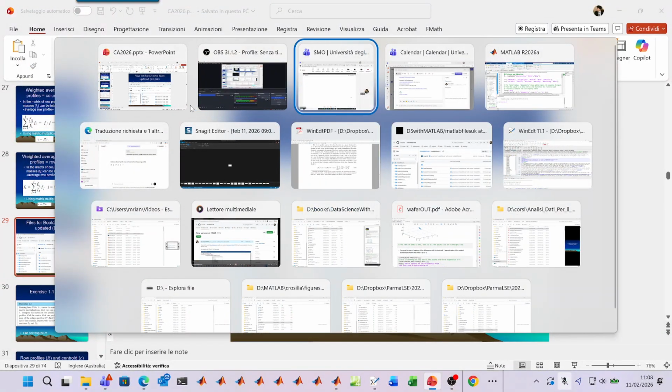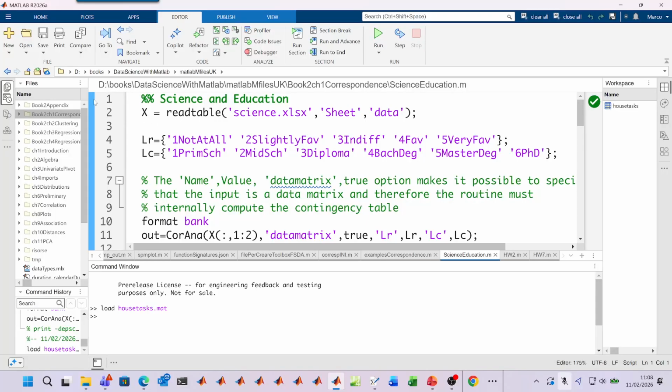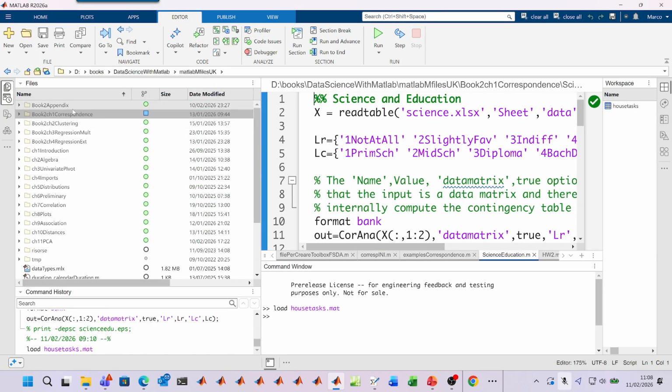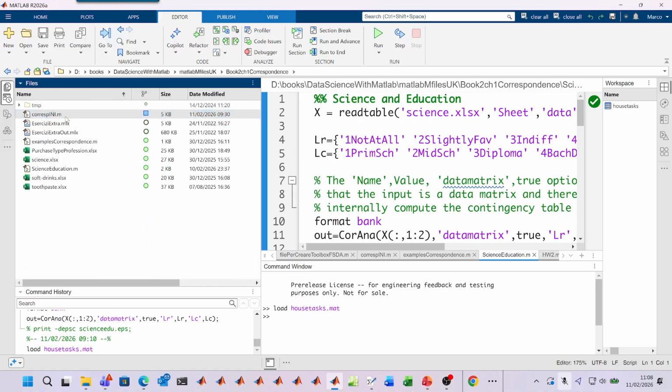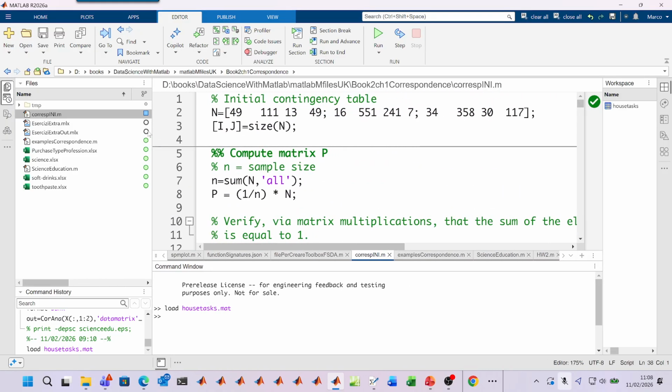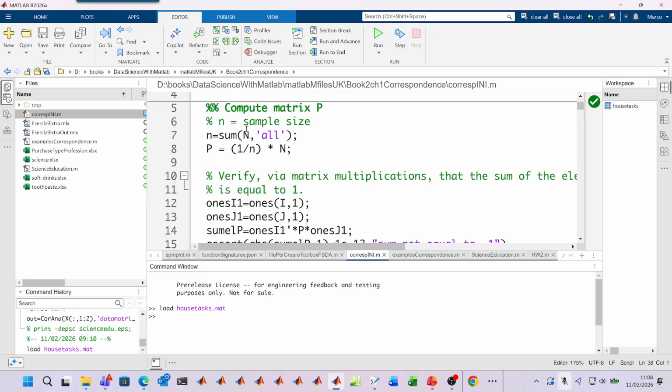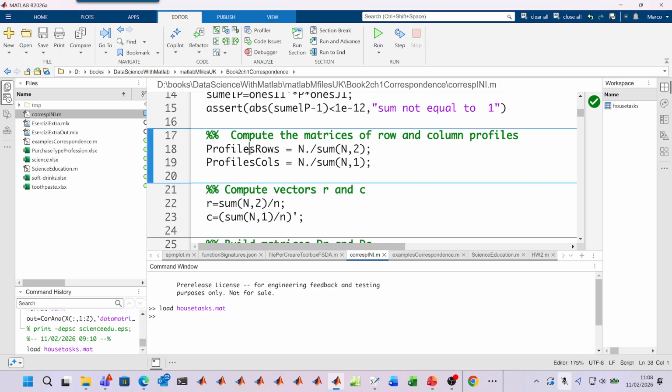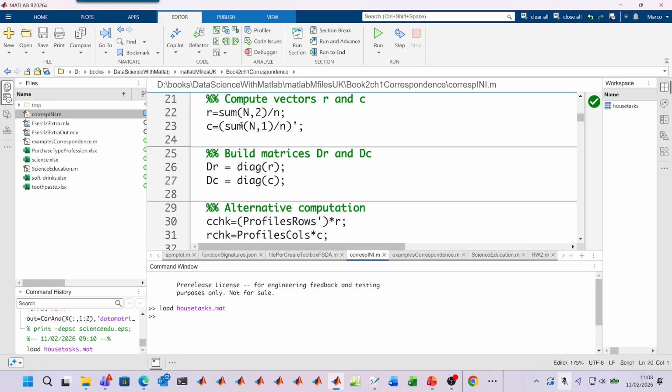Therefore, in book 2 correspondence, these are the files, and this is the file. So we have N, P, and then the profile rows, the profile columns, compute vectors R and C, and build the matrices DR and DC.